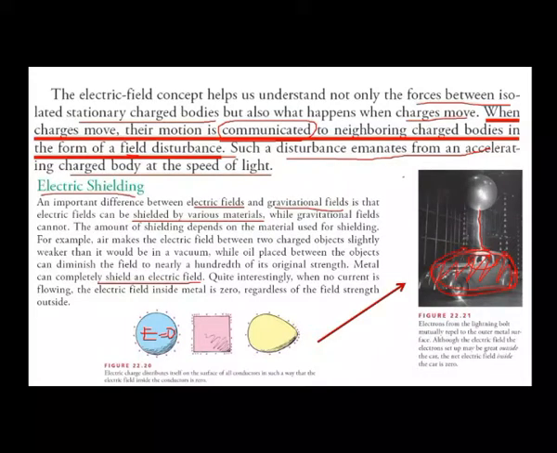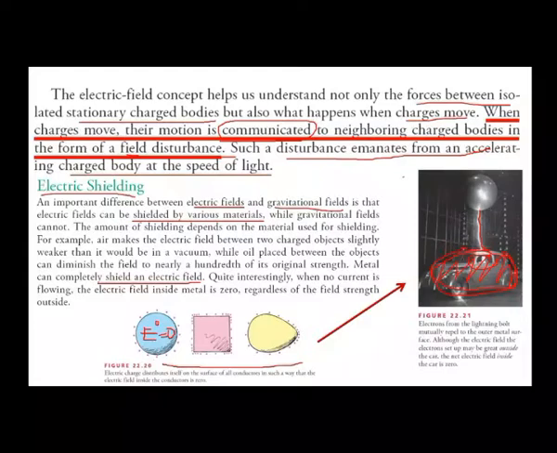Now, looking at this diagram right here, this is how charged particles in a metal arrange themselves. Notice, because these are the same charged particles, there is a repulsive force. So they will be moving away from each other, and if there is a certain charged particle here on the inside, it will be repelled by the two objects right here.